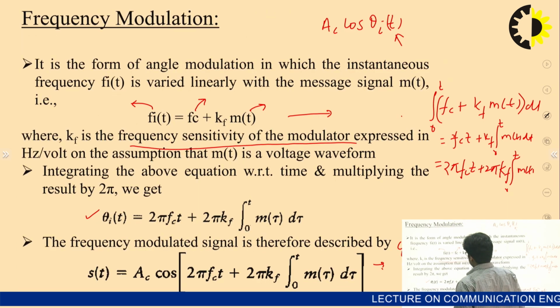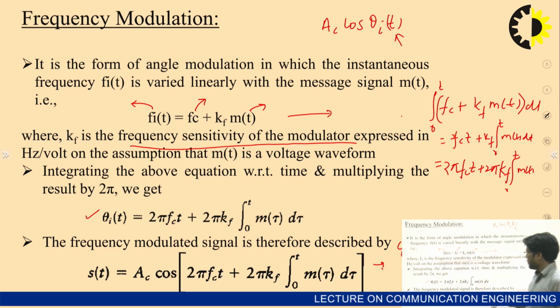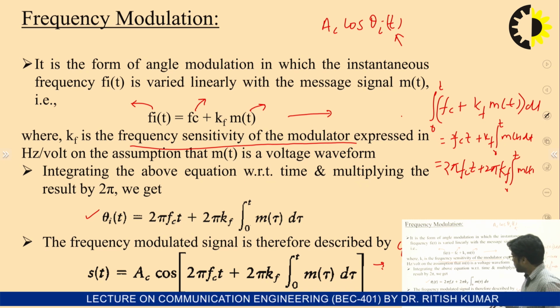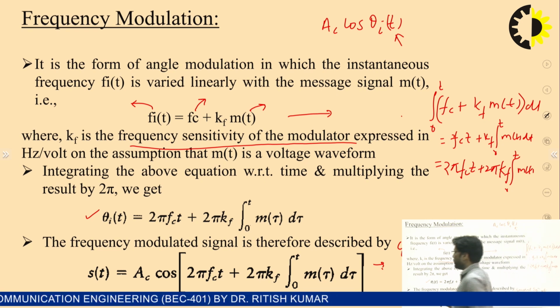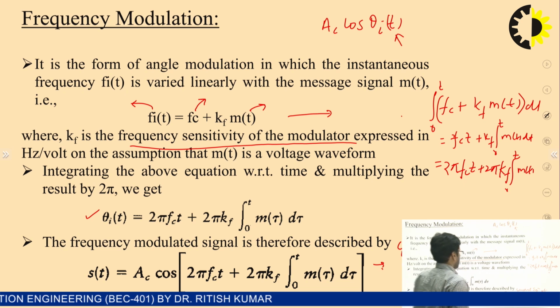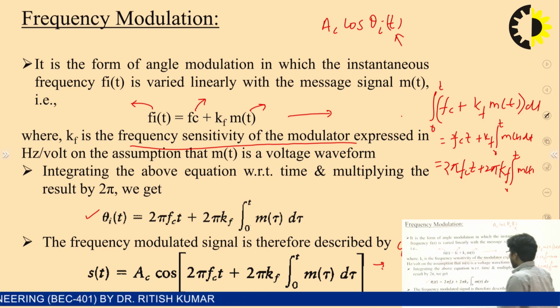here in the general equation of frequency modulation, you can see you are integrating the message signal, right? But in the case of phase modulation there is no need to do the integration. So there is a 90-degree phase shift between the message signal without integration and directly.